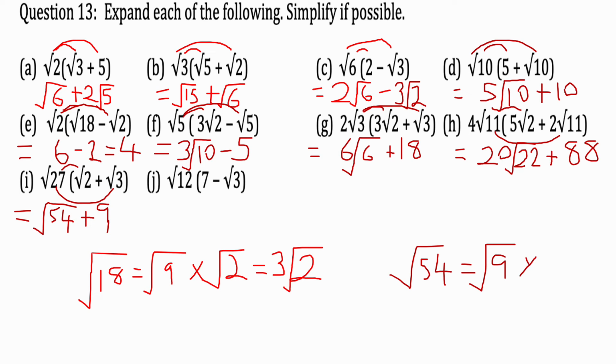Okay, so 9 and 6 go into it. 9 is the biggest square number factor that goes into 54. The square root of 9 is 3. 3 times root 6 is 3 root 6, guys. So root 54 simplifies to 3 root 6, guys.